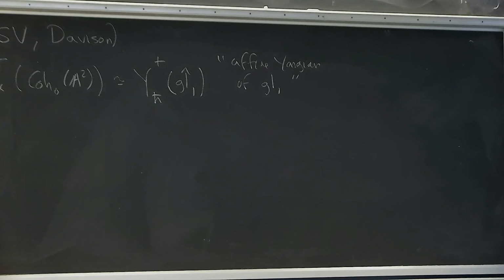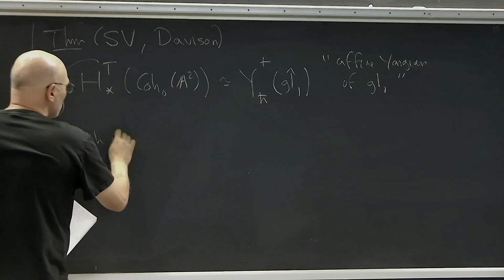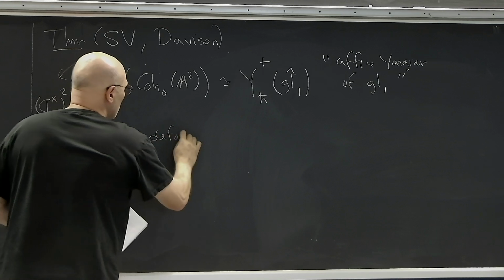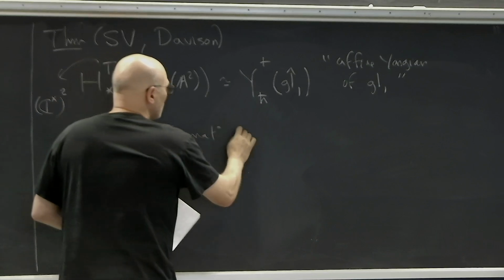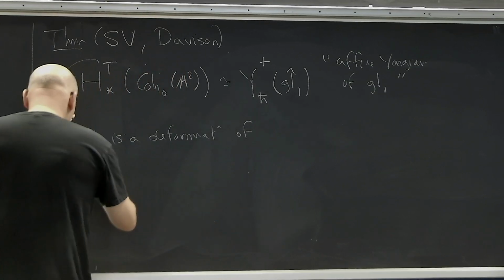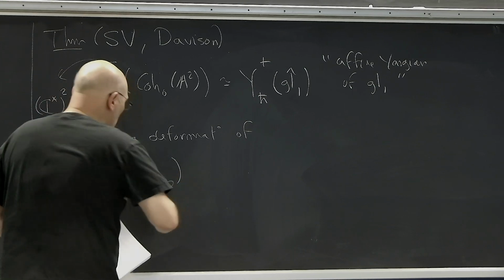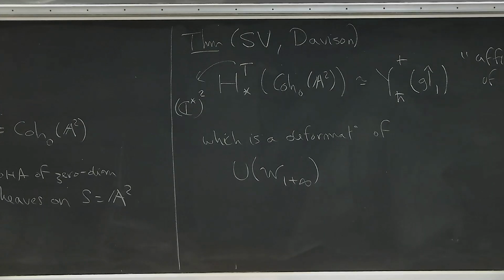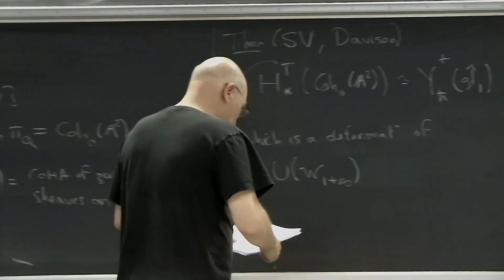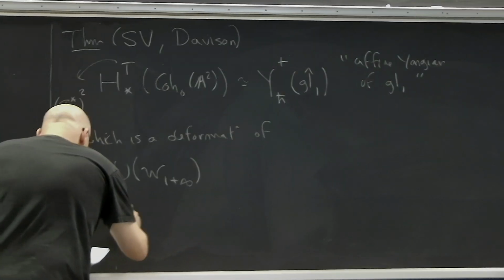But what you can show is that this algebra is a deformation of the enveloping algebra of the so-called W1 plus infinity algebra, which is a Lie algebra.